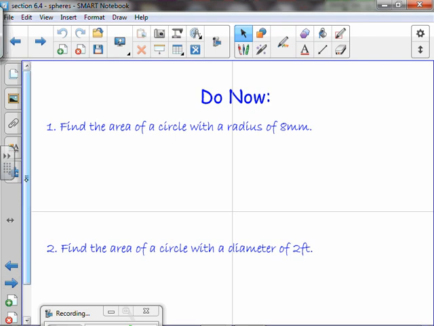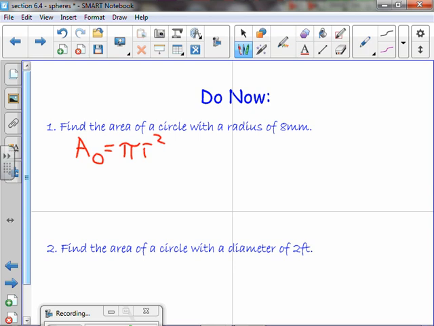Okay? So, first of all, we are going to find the area of a circle with radius of 8 millimeters. And we are going to remember that the formula for area of a circle is equal to pi times the radius squared. And that's it. Okay? So all we are going to do, pi stays pi. We are just going to replace our radius with what we know it is. Area of a circle is equal to pi times 8 millimeters squared.